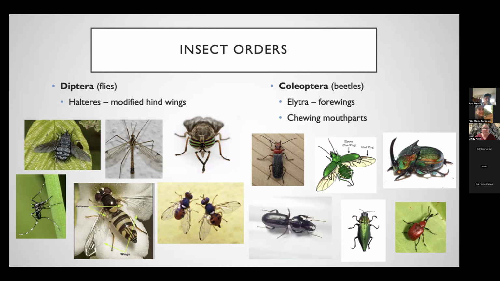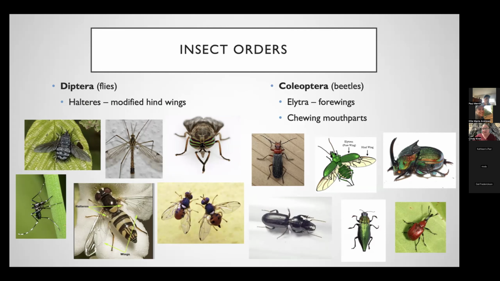So that's one of the distinguishing features that lets you know when you're dealing with a fly or a bee or a wasp. Bees and wasps have two sets of wings. Flies only have one set, with the halteres. And there's a lot of mimics. Like you can see here on this fly, here's your little halteres in the back. This is a wasp mimic.